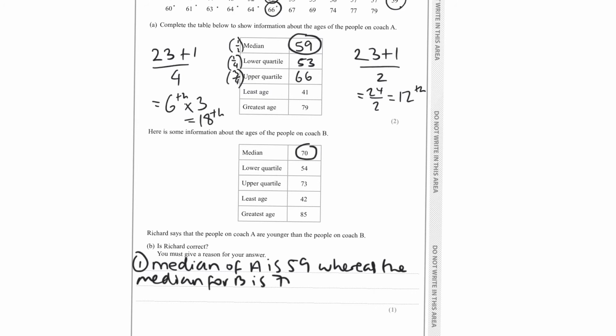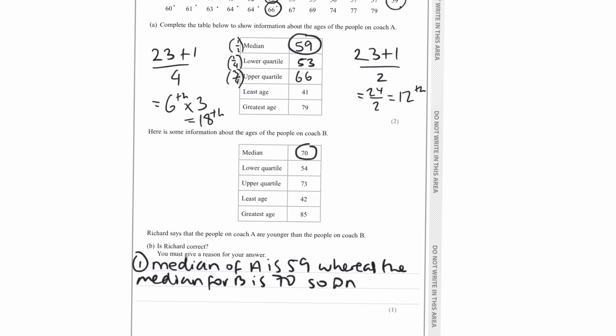So that means on average, Coach A must be younger. So your first point could be like the median of A is 59 whereas the median for B is 70.